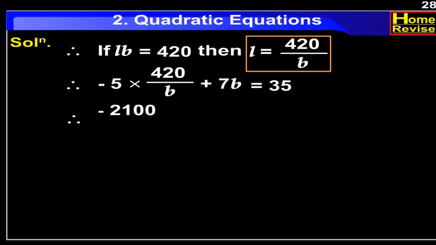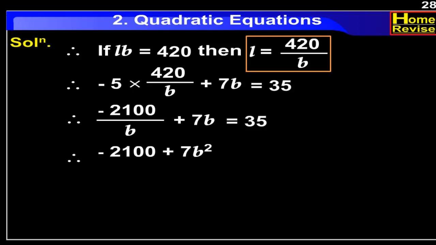Therefore, minus 2100 upon B plus 7B is equal to 35. Minus 2100 plus 7B square upon B is equal to 35.